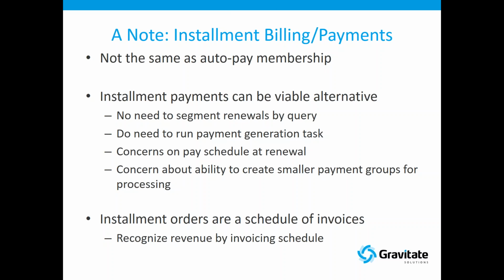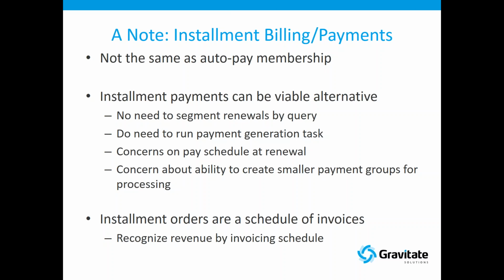To give you a little bit of background on the difference, installment payments technically could be a viable alternative to using auto pay membership, but I think some things need to change and be improved before it is really a super viable alternative. The good part of it is that you don't really need to segment your membership renewals by query.